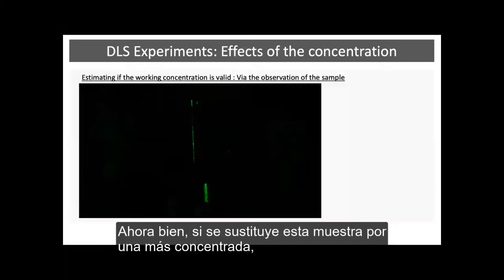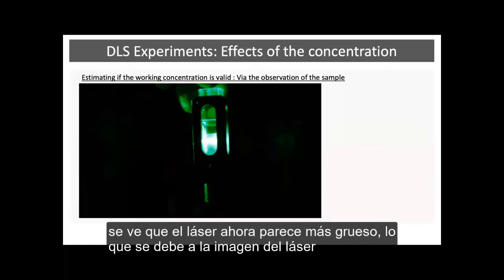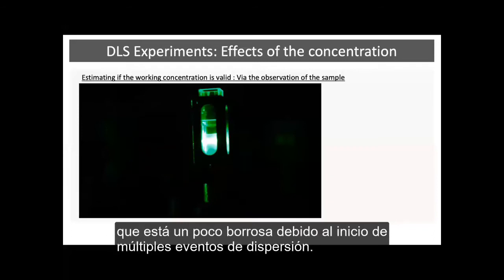Now, if you remove the sample and put one which is more concentrated, you see that the laser now seems to be thicker. This is due to the image of the laser being a bit blurred, due to the beginning of multiple scattering events.